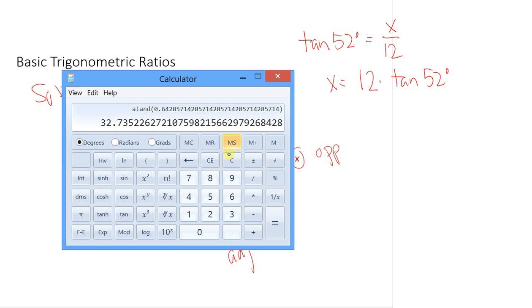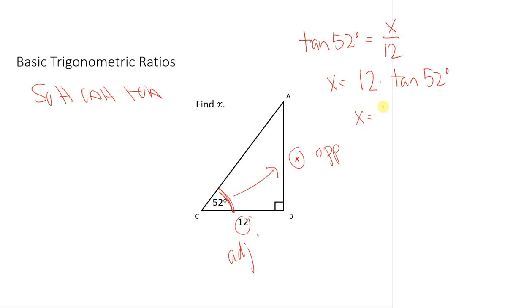Open up our calculator. 52 tan times 12 equals 15.4. X equals 15.4. So the length of side x, 15.4.